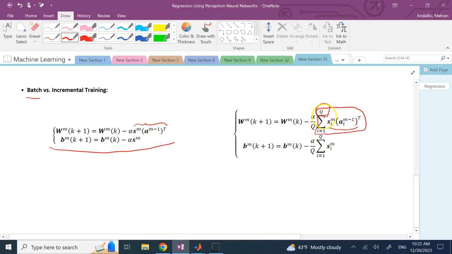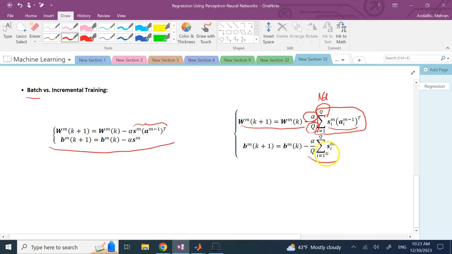So here this Q, in the code, is N sub D, the number of data points, the number of inputs. We add over all of those, right? Then we take an average by dividing by the number of data points, then we multiply that average by the learning rate, and then we update the weights and biases.